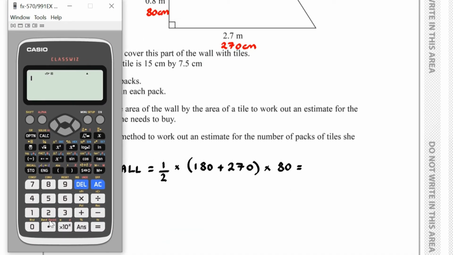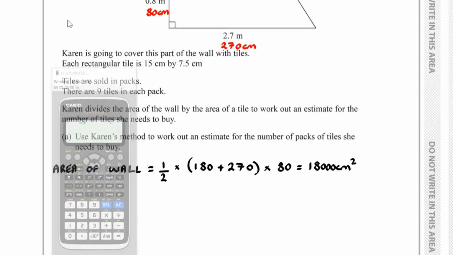So 180 plus 270 times 80 times 1/2 is 18,000. So I get 18,000 centimeters squared for the area of the wall.